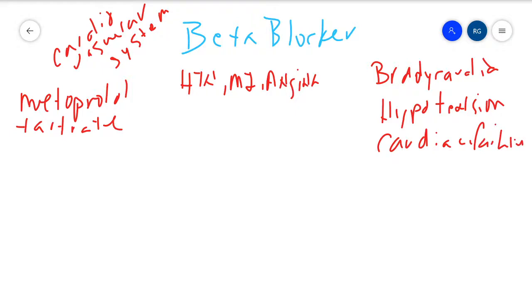All right, so beta blocker, metoprolol. It's for hypertension, myocardial infarction, angina. Side effects: bradycardia, hypotension, remember that's hypo, and cardiac failure. Let's look at another beta blocker.